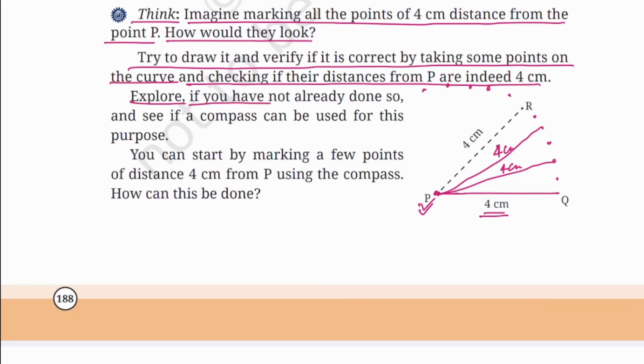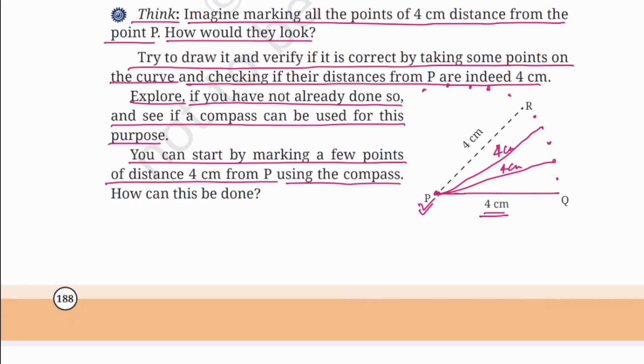Explore if you have not already done so and see if a compass can be used for this purpose. You can start by marking a few points of distance 4 cm from P using the compass. How can this be done?